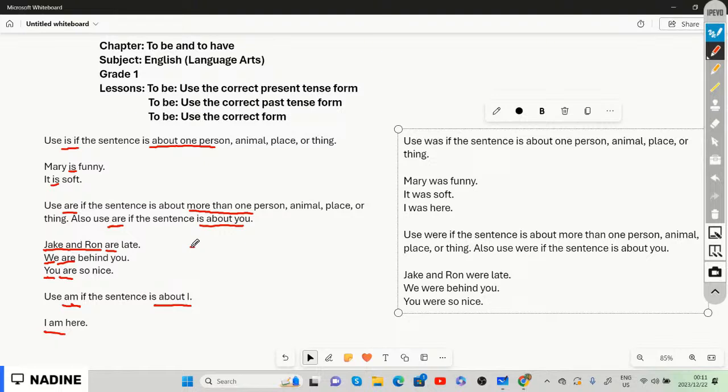For example, you are so nice. You are dancing. You are sleeping. And we use am if the sentence is about I. For example, I am here. I am late. I am eating, for example, right?